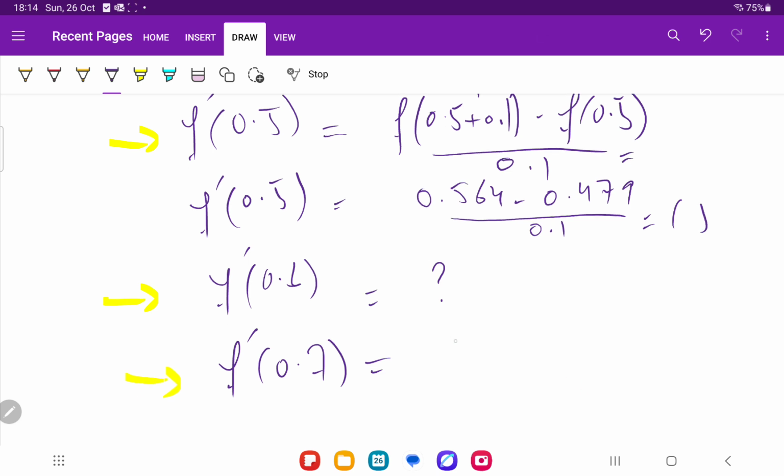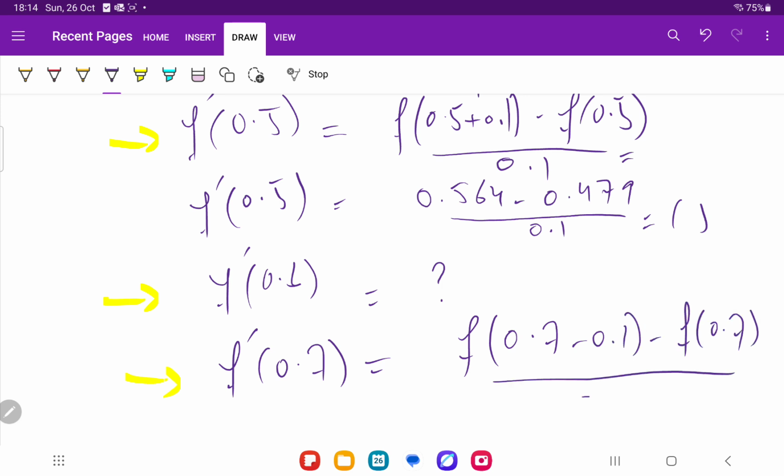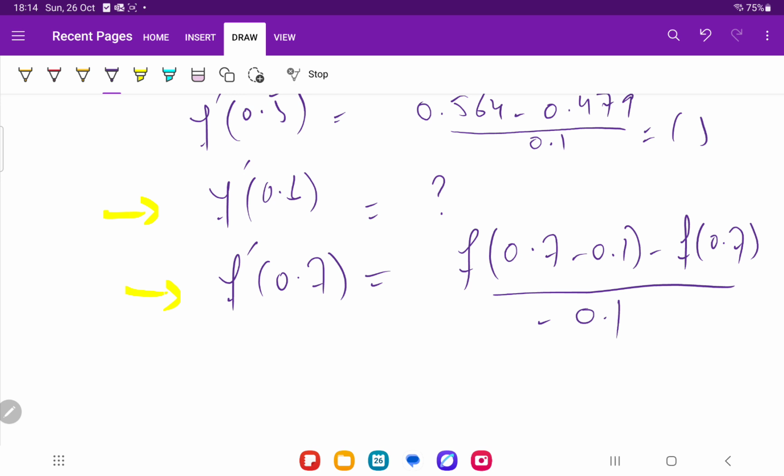So you will calculate it and you will get the answer.